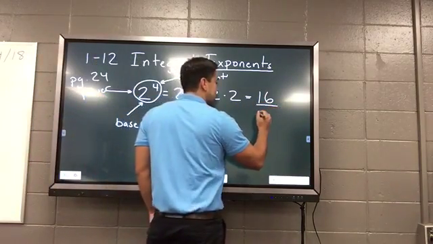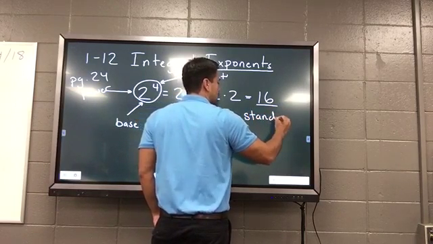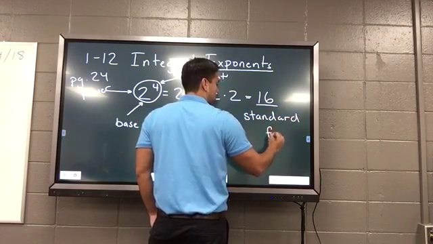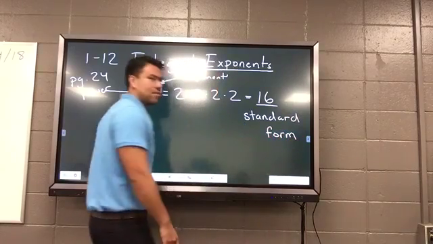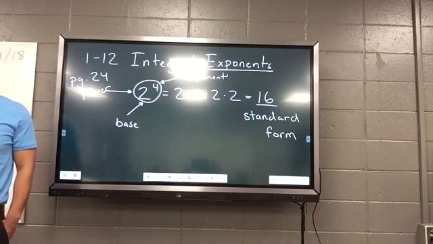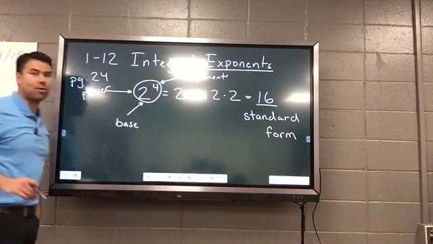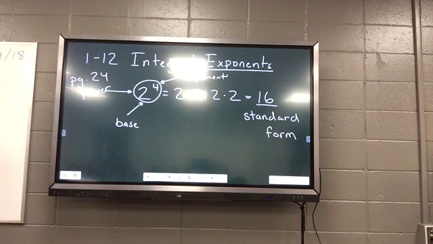16 is a number that's written in standard form. You know why we call it standard form? That's how you normally look at a number. 16. What do you think we call 2 to the 4th power? What do we call that form? It's not standard form.